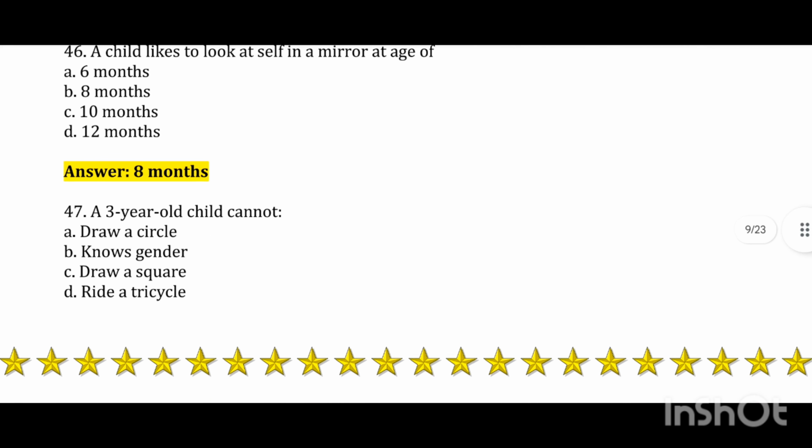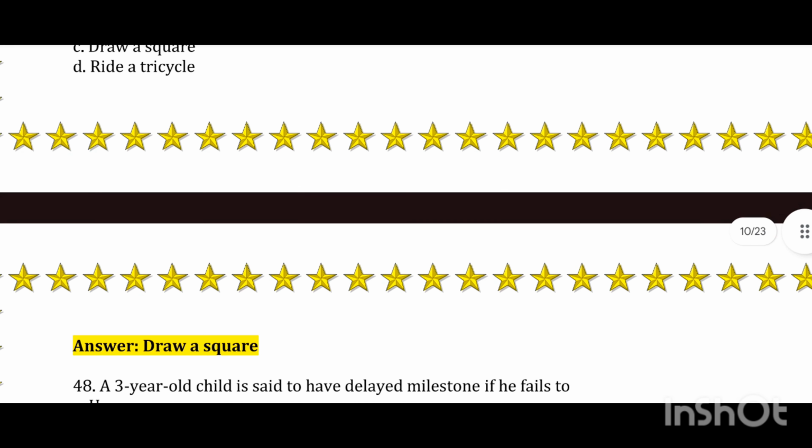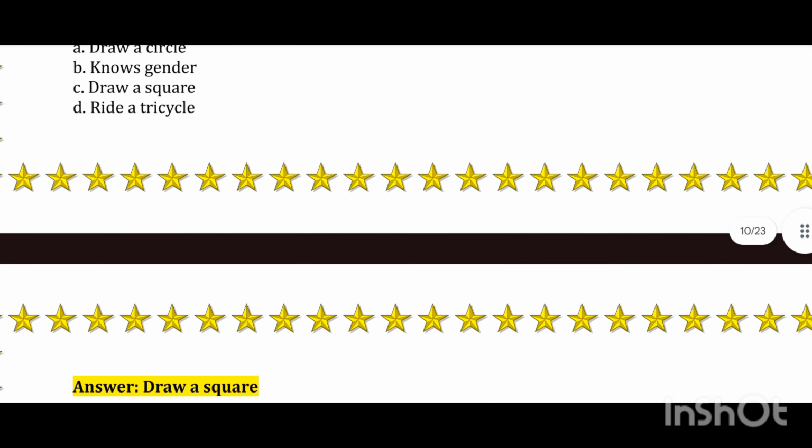Option C is the correct answer, that a 3-year-old child cannot draw a square. As you know, a child is able to draw a square at approximately 4.5 years of age. That's why a 3-year-old child cannot draw a square.